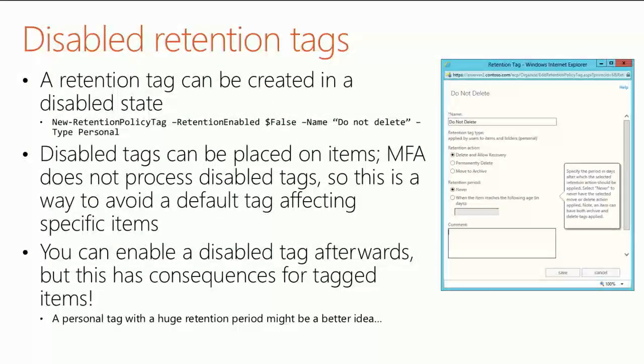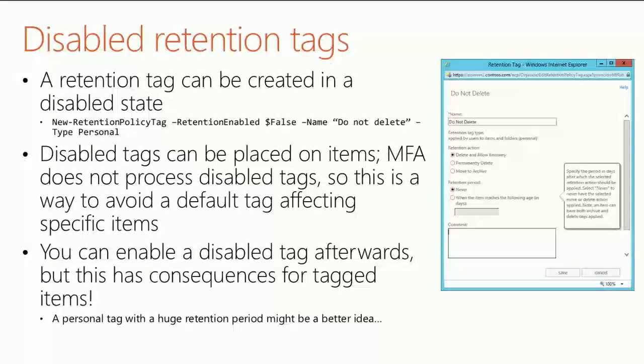Now, you can have disabled tags. And you may think, why would I want to have a disabled tag? Well, it's a way, as it says there in the second bullet, of telling MFA to skip over processing this item. Okay?